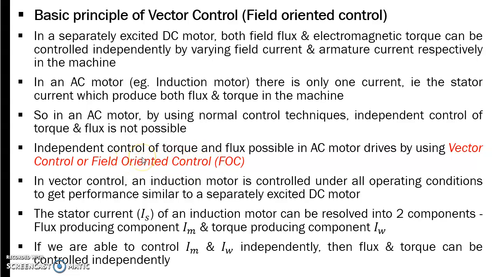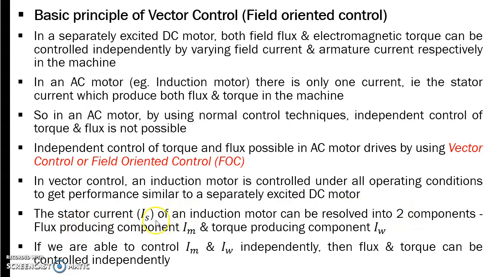You know the concept of vector. In vector control, an induction motor is controlled under all operating conditions to get performance similar to a separately excited DC motor. That is, the stator current of an induction motor can be resolved into two components, like in your separately excited DC motor.